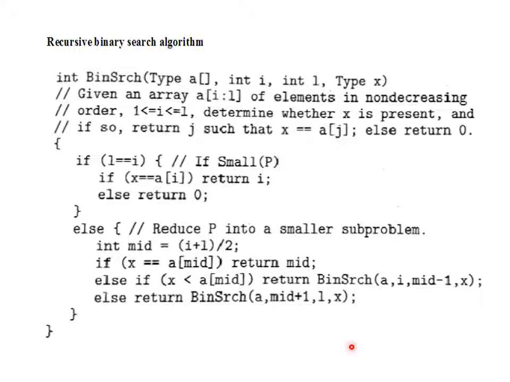Then we can derive the recurrence relation also from the recursive algorithm. We can derive the recurrence relation, and we can compute the time complexity. We can solve the time complexity based on the recurrence relation.